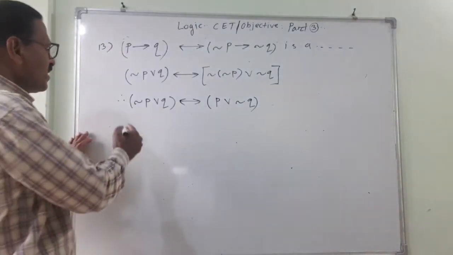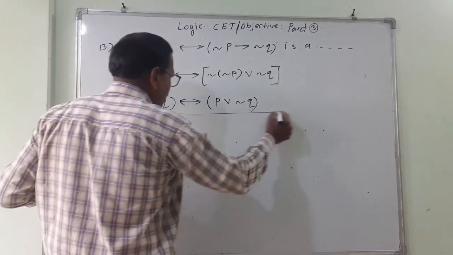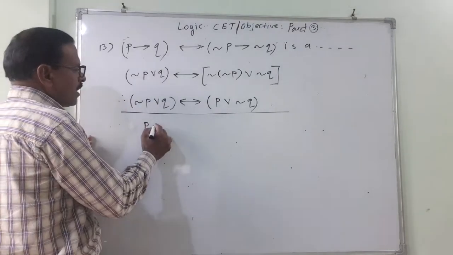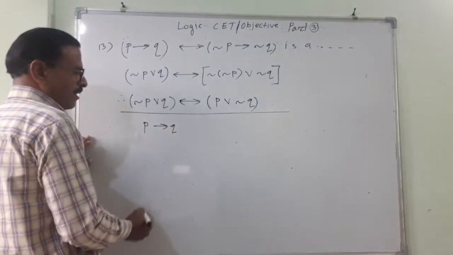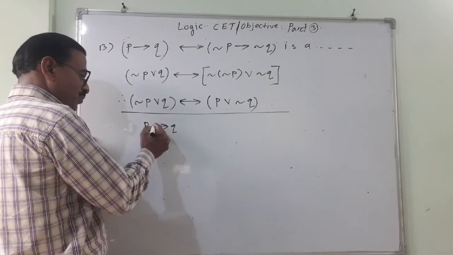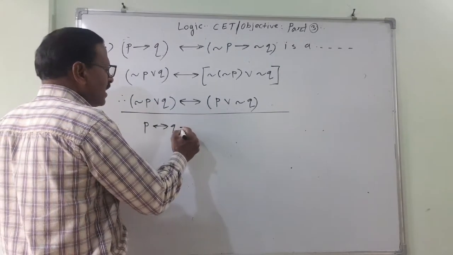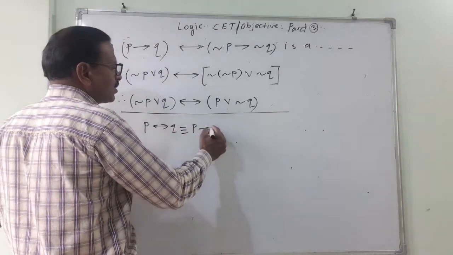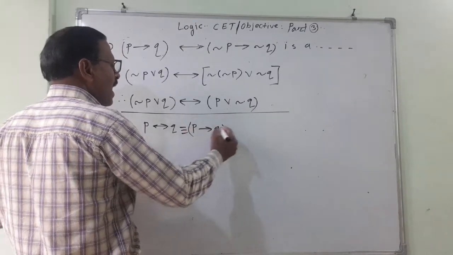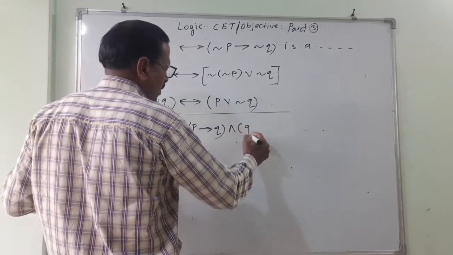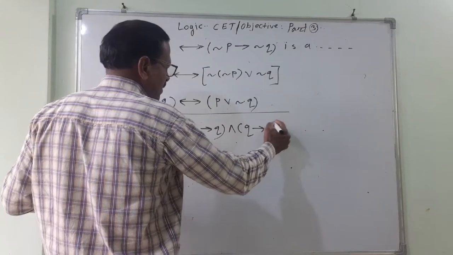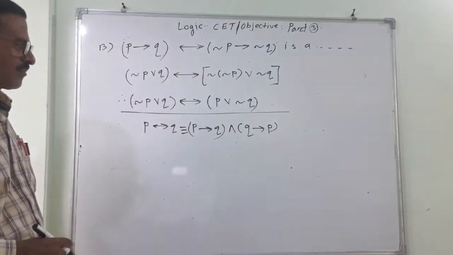What is the double implication? I will explain it to you here. P implies Q and Q implies P is the double implication. So this is nothing but P implies Q and Q implies P. This is the meaning of this.